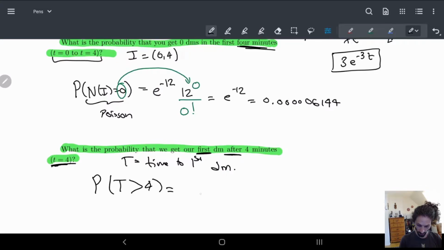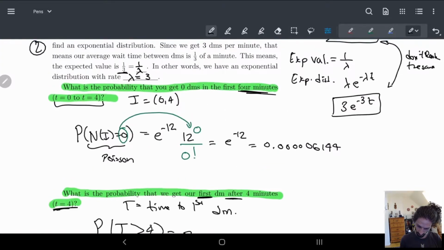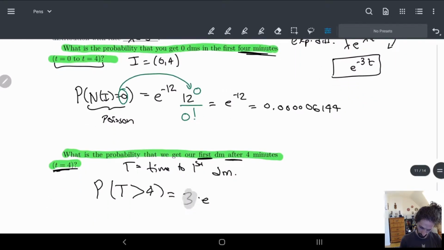So what's our formula? We have 3 times e to the, wait, this is wrong. This is not 3 times, this is just 3. So we end up getting e to the minus 3t.